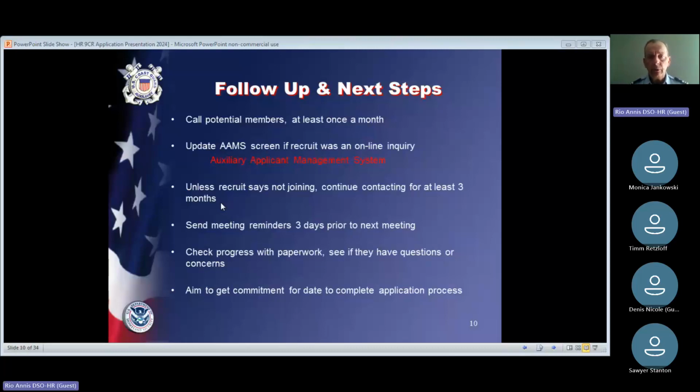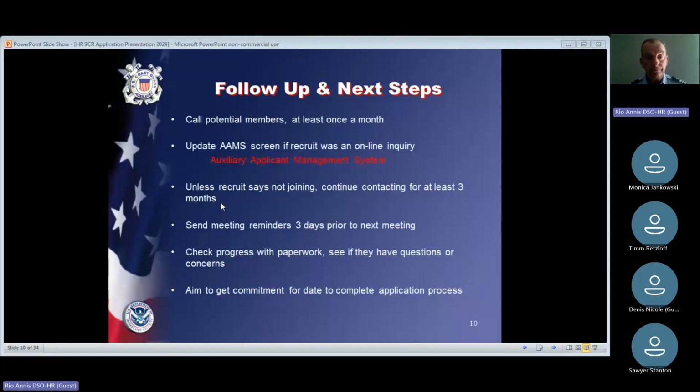Unless the recruit says they're not joining, continue contacting for at least 3 months. Some people don't respond to their emails or phone calls, so it might take a while for them to get back to you. In some of those cases, you wonder what their motivation is. If they're having trouble getting their application done in a timely manner, maybe they're not going to be a very motivated person joining the auxiliary.